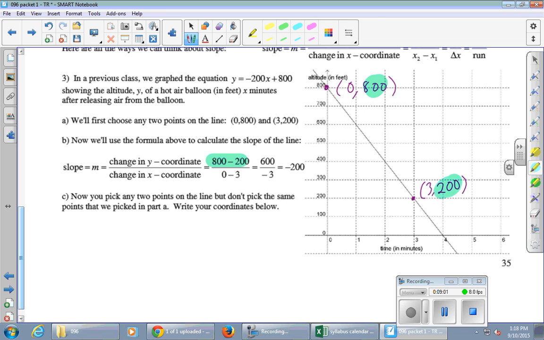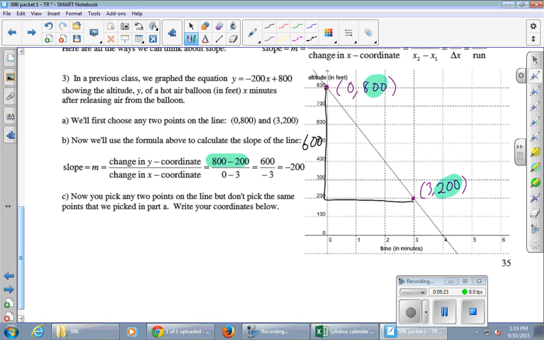Another way to think of it, if we wanted to tie this to our road example, is if I draw in that vertical and this horizontal, what is the length of that vertical line? Isn't it 600? For the same reason, it's just the 800 minus the 200. Okay, and then that's the rise.